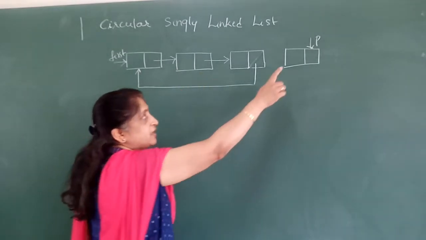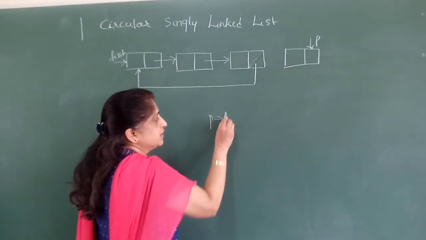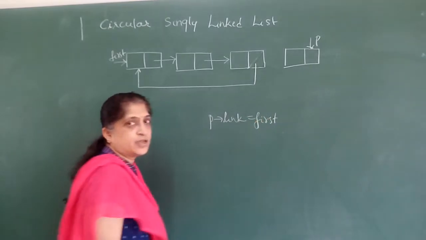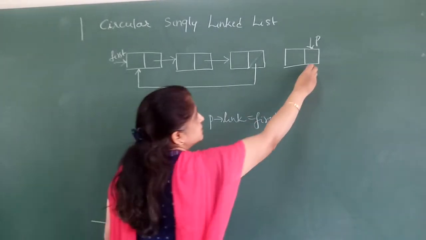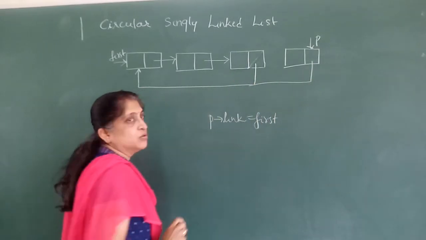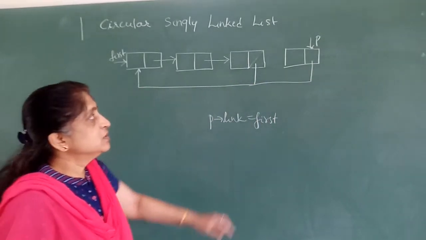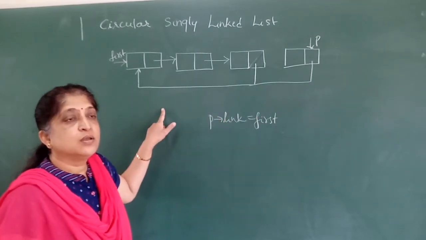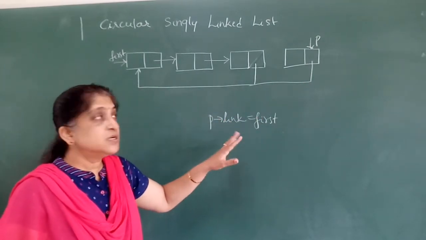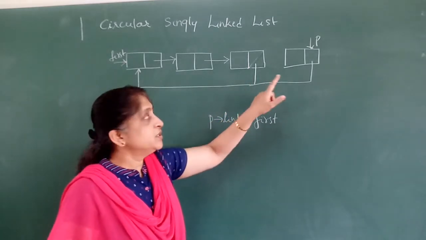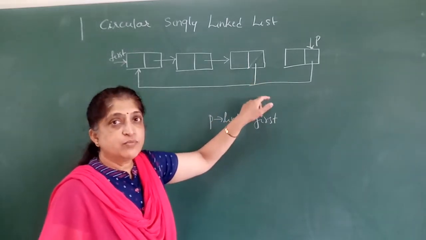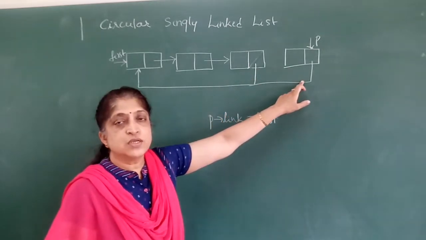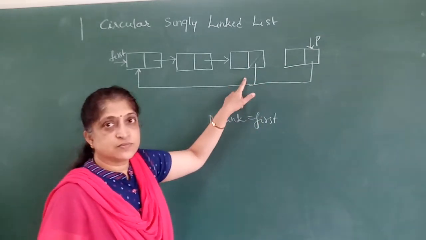Of course, I can write P link is equal to first, then it will start pointing to this node. Now, the new node is pointing to the first node, but we have not inserted this node in the list. To insert this node in the list, I have to make the current last node point to this node.